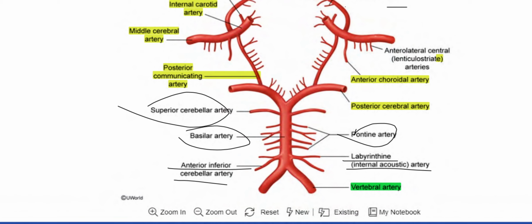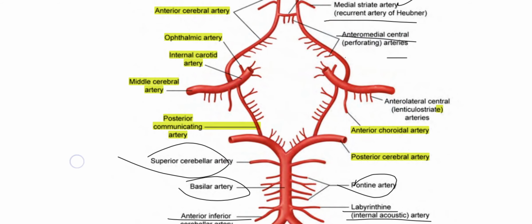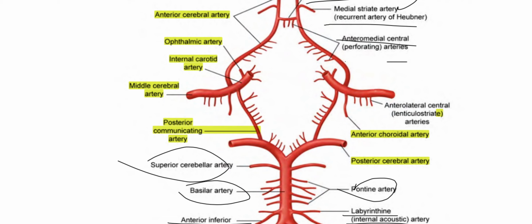So the branches of the basilar artery are the anterior inferior cerebellar artery, labyrinthine artery, that is the internal acoustic artery, pontine artery, and superior cerebellar artery. Then the branches of the middle cerebral artery are the anterior choroidal artery, and the anterolateral central arteries, that is the lenticulostriate arteries.